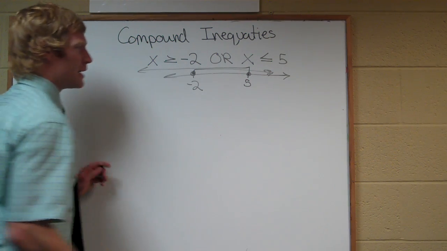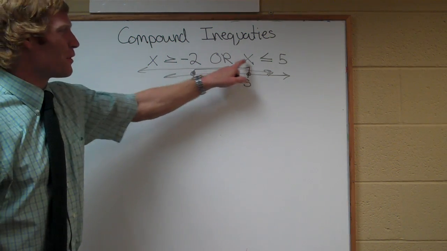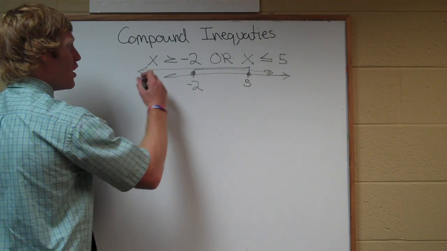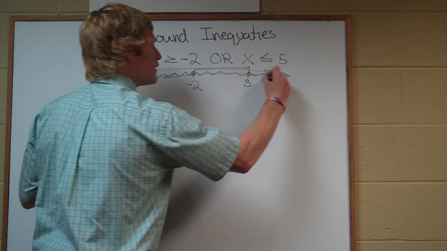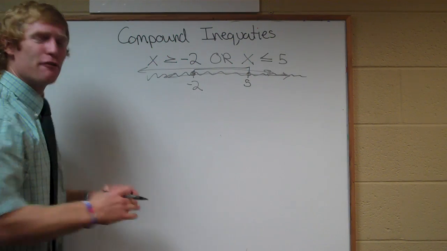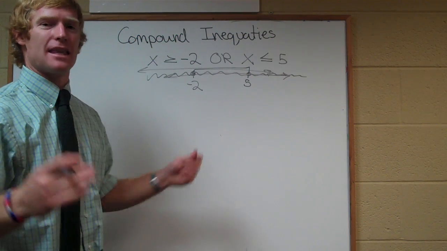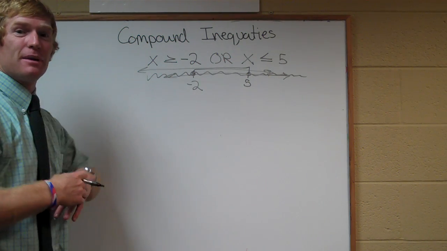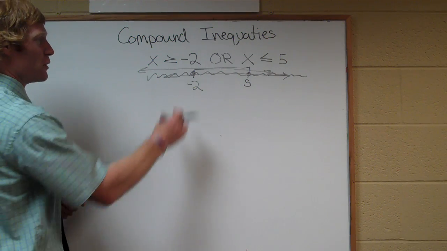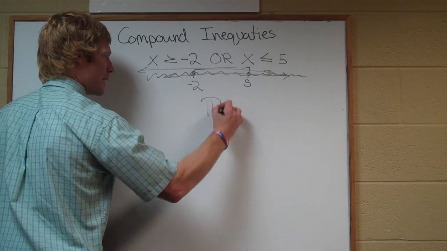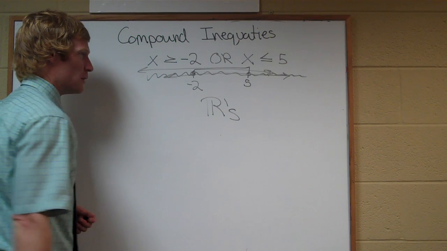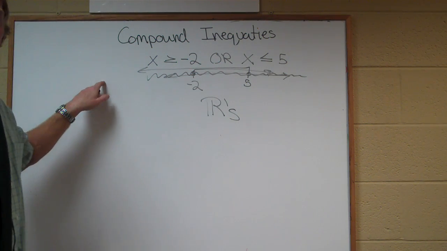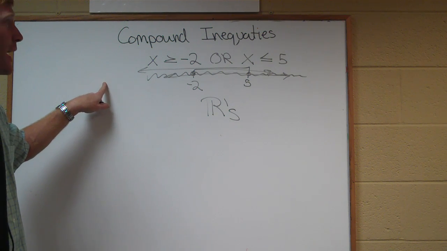Now, as I look at this, it can be that or that. So I'm looking for all of the pieces that x can be. And if I notice that the shading carries through every single number, that x can be anything on the number line. So again, how do we represent something where x can be all the numbers? So in this situation, your answer is all real numbers. That's the special case for OR. Null set, the special case for ANDs.